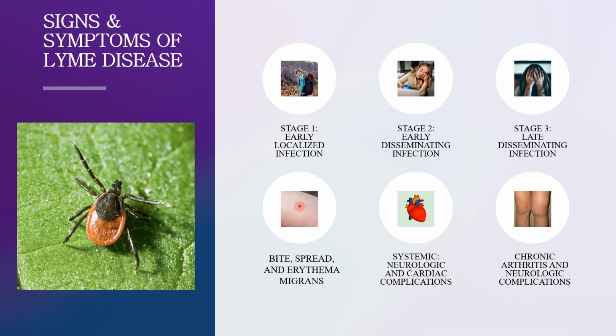So in stage 2, though, if it's left untreated, the bacteria can spread through the bloodstream to other parts of the body, including the joints, heart, and also the nervous system. And these can range in a variety of symptoms as well, including flu-like symptoms, and that can include a headache or even a stiff neck, fevers, chills, arthralgias, muscle aches, and then also profound malaise and fatigue.